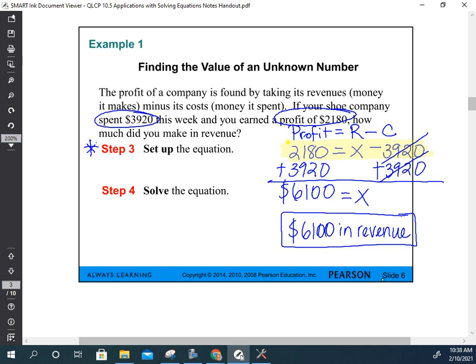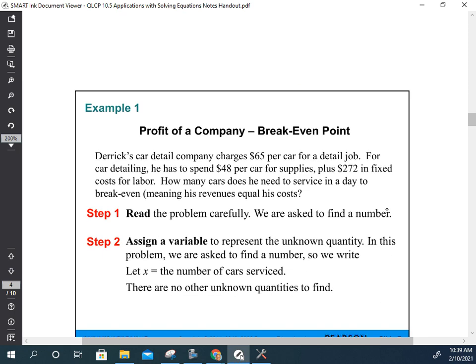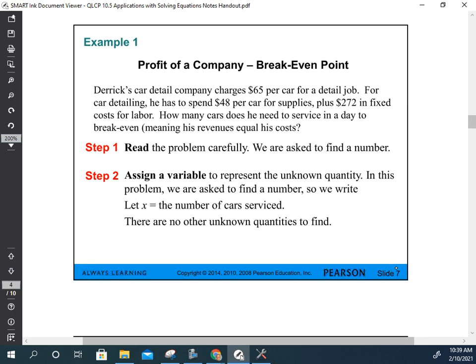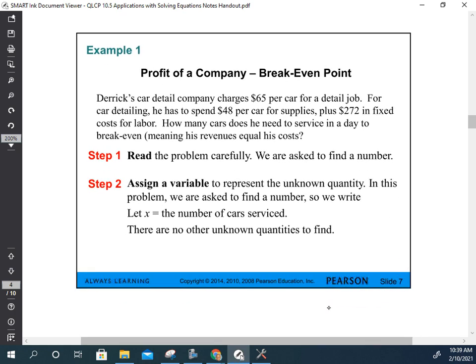Questions, first example. Not saying you're hearing me, so let's go on to the second example. So second example, we're going to deal with another problem involving profit.